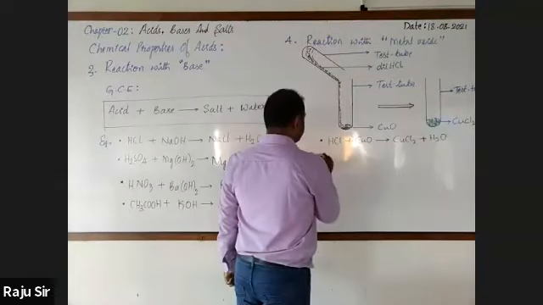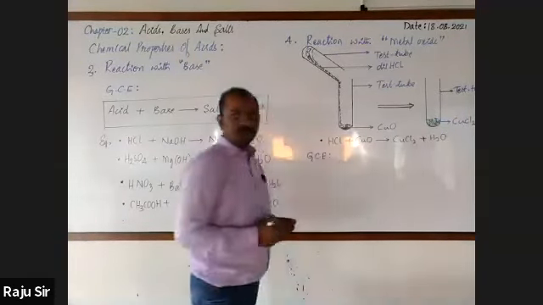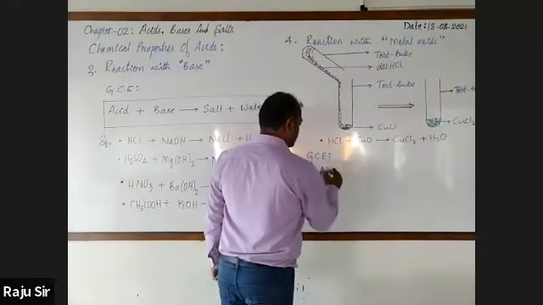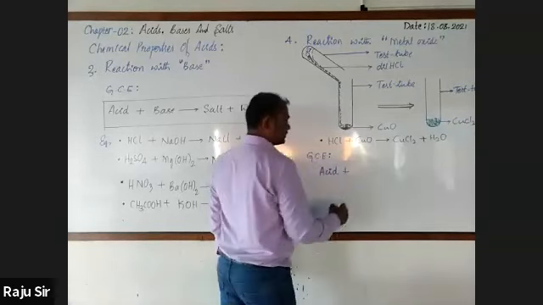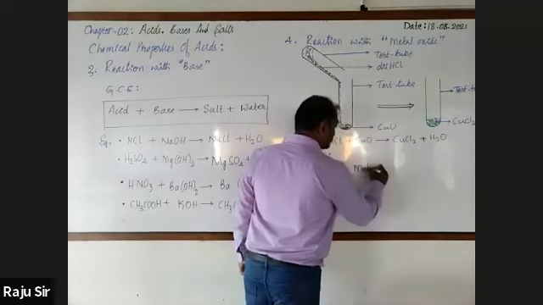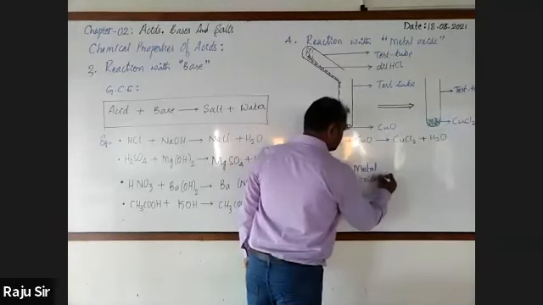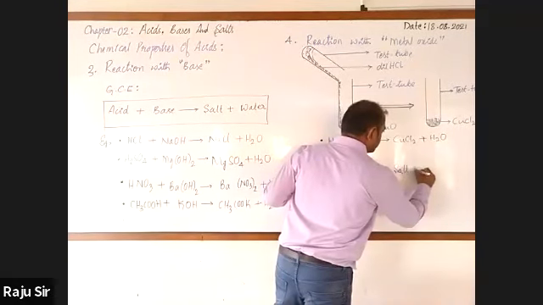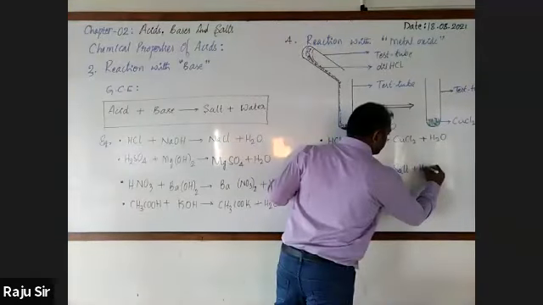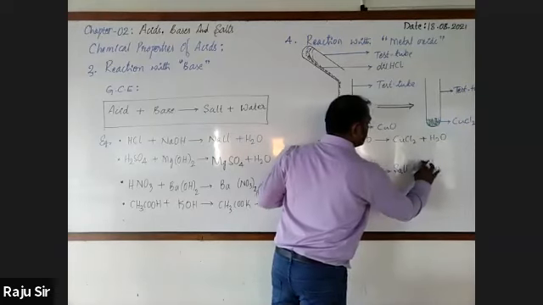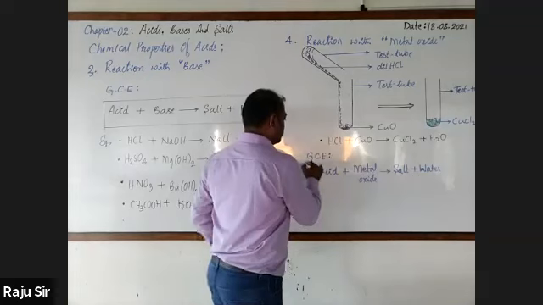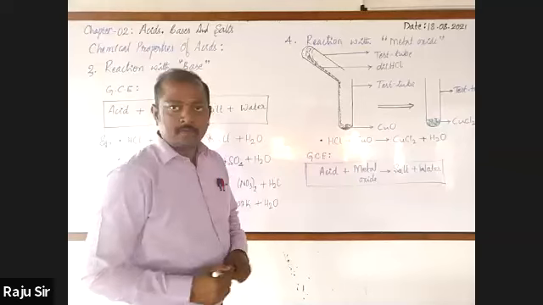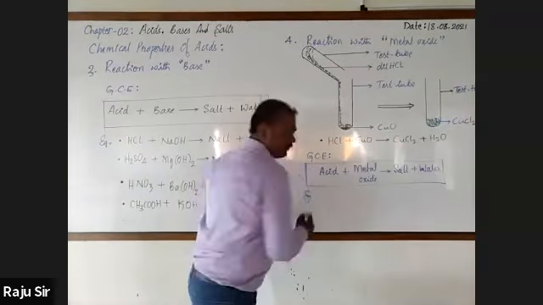Next, the general chemical equation. Acid plus base, metal oxide, gives rise to salt and water. Salt plus water. A few examples.